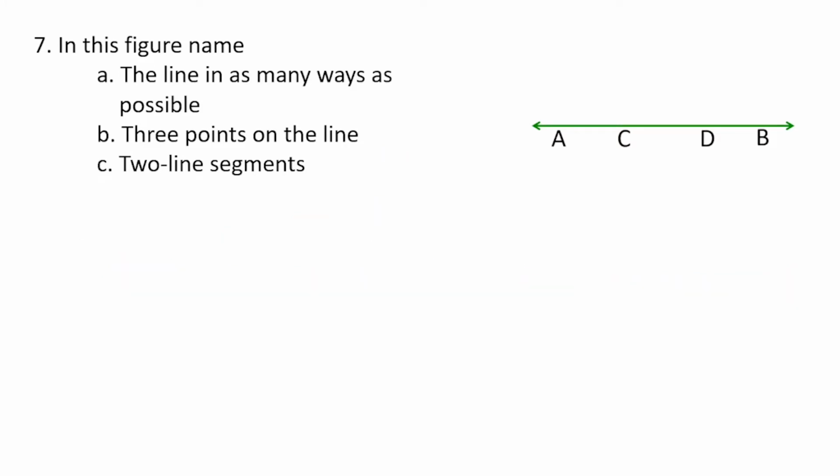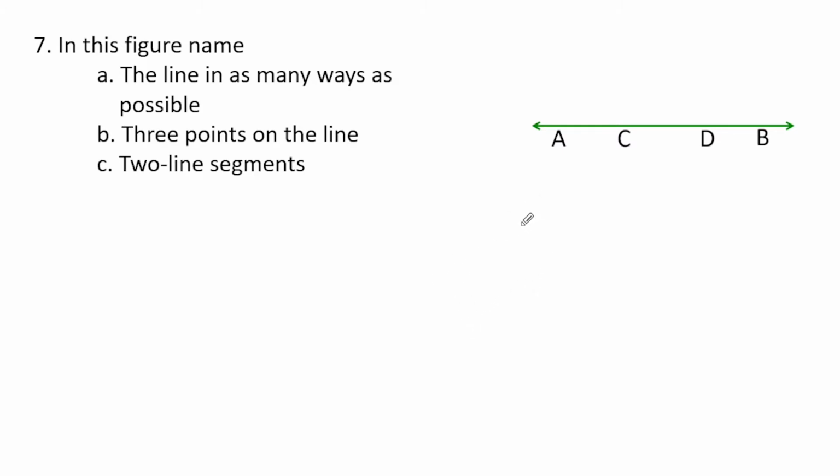So now that we have many points in our line, we can have this segment of the line over here as a line segment. We can have another from A to B, and in between more segments of the line. So let's name any 2 line segments.